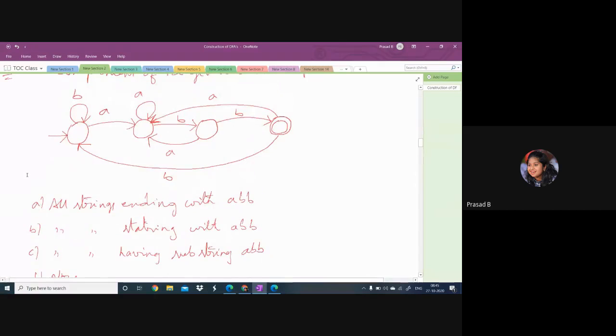These are the options. First one, all strings ending with ABB. Second one, all strings starting with ABB. And third one, all strings having substring ABB.